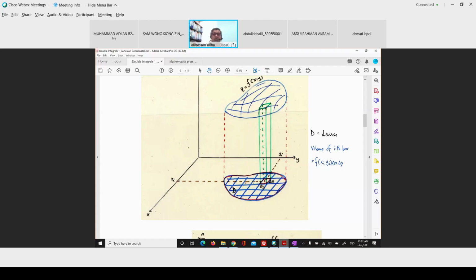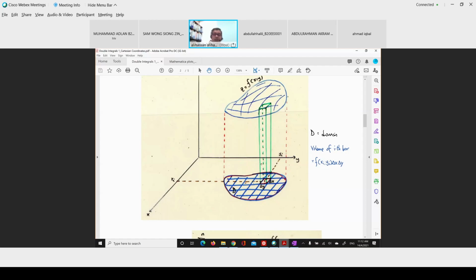Now over each sub-rectangle, we construct a rectangular bar, as shown here in green. This is a solid 3D rectangular bar, and we know how to calculate its volume: the area of the base times its height.